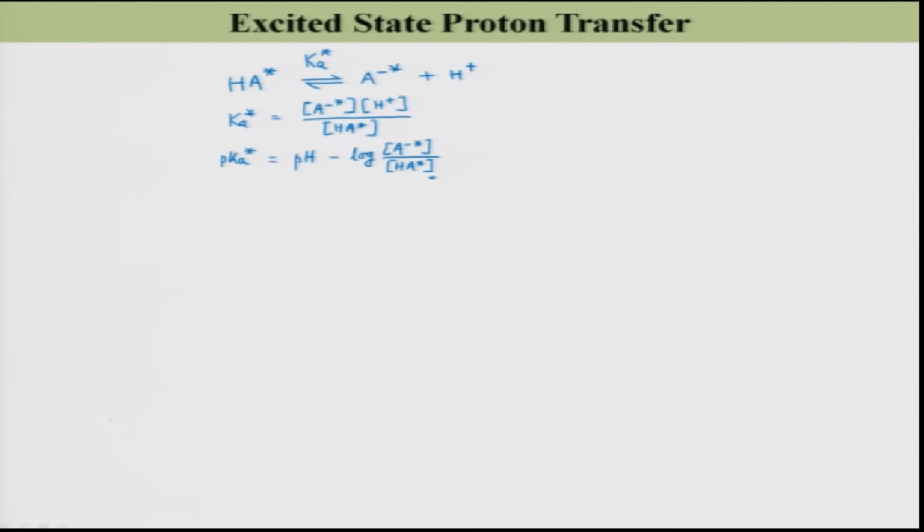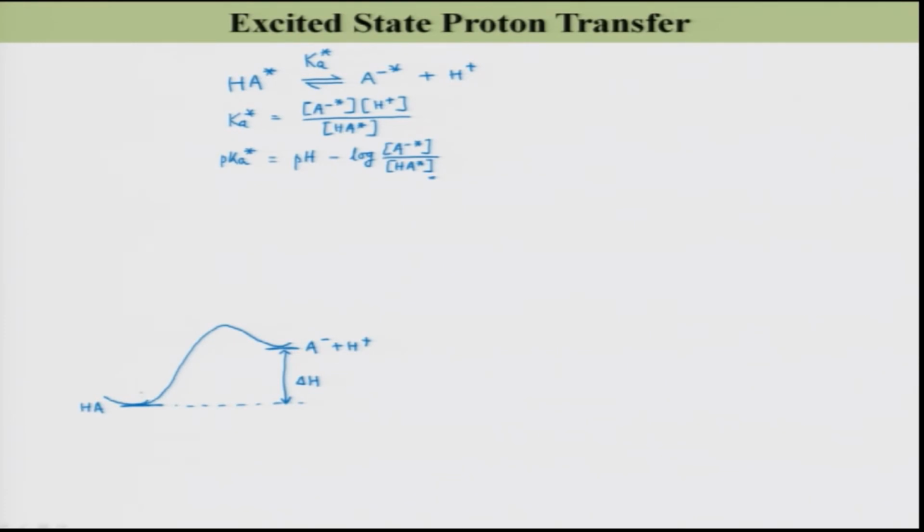So, here is my ground state, right, and this is your HA and this is your A minus plus H plus, and this is, let us say, delta H, the energy difference between these two.